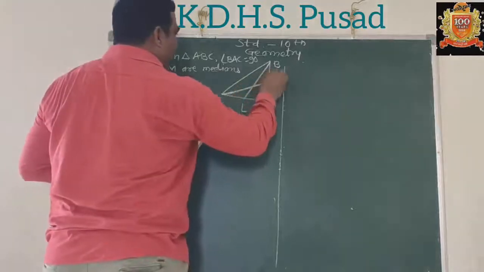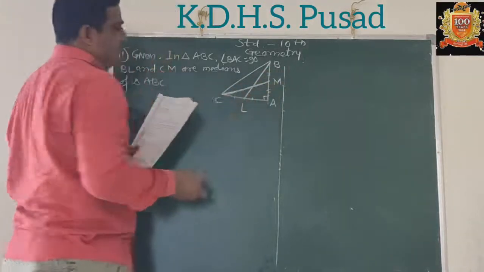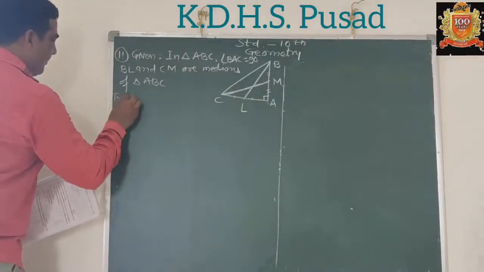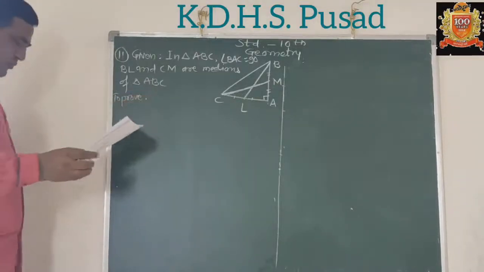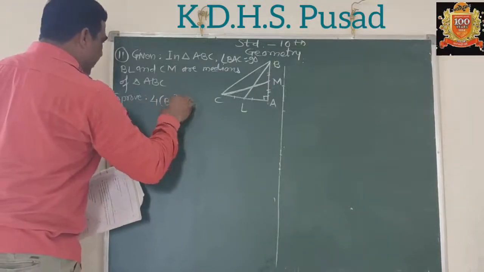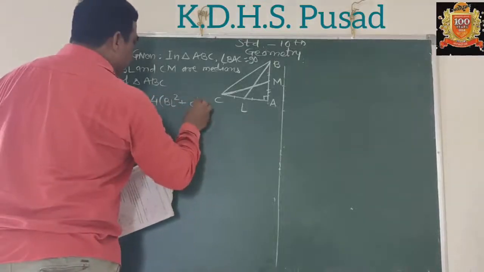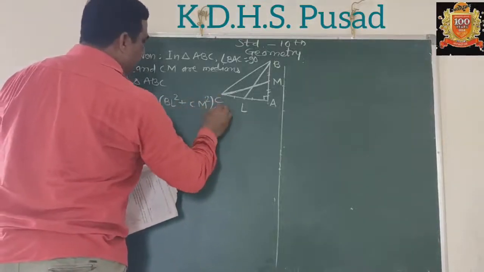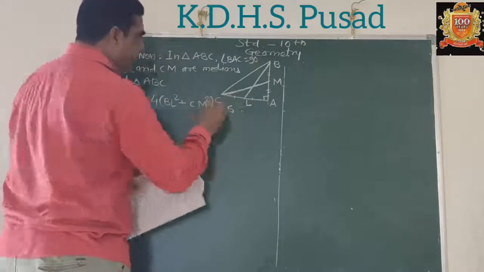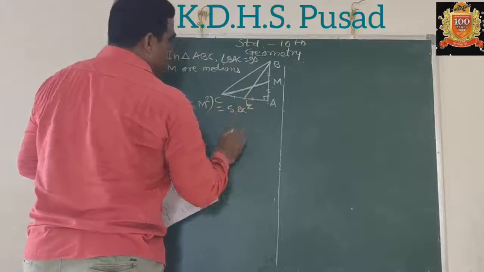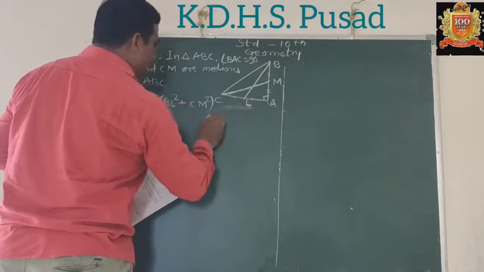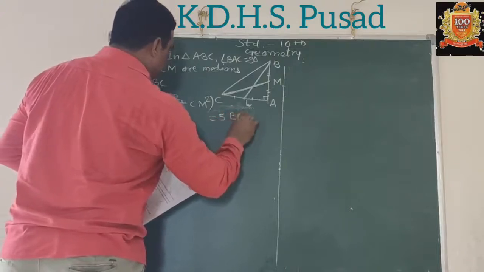It means these two portions are equal, these two portions are equal. Medians. Then prove that 4 times (BL square plus CM square) is equal to 5 times BC square.